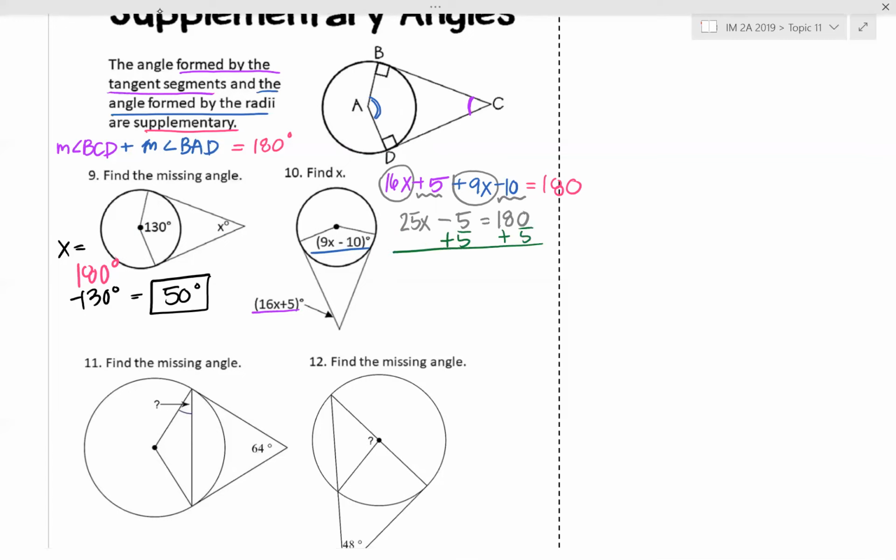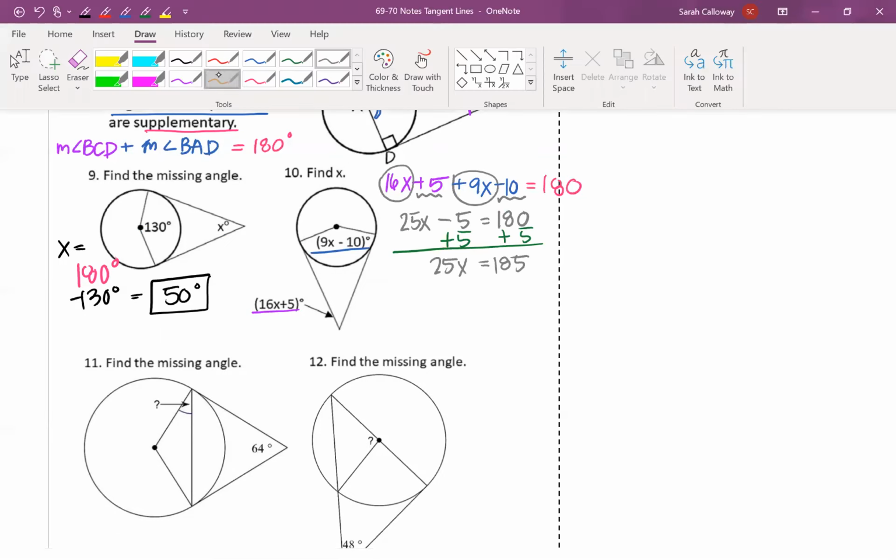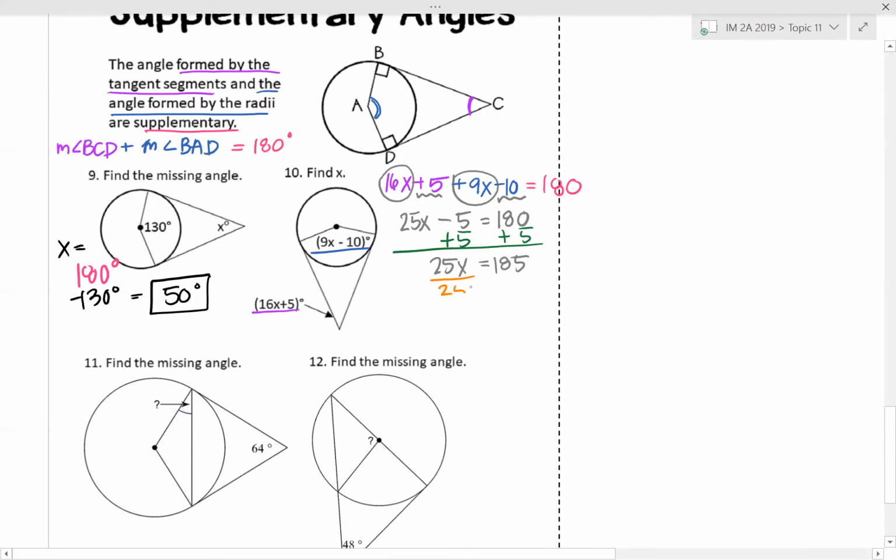So that means that we have 25x equals 185. And then our last step would be dividing both sides by 25. So that means that x is 185 divided by 25, which is 7.4.